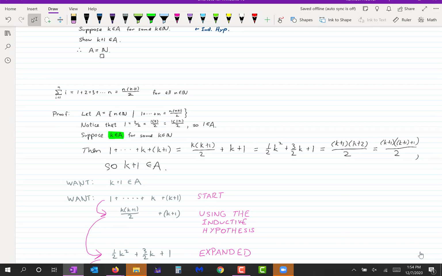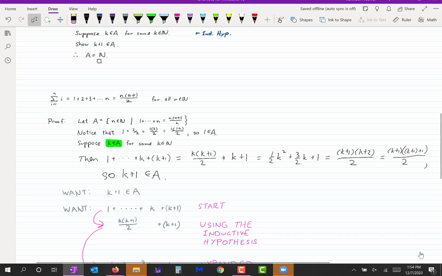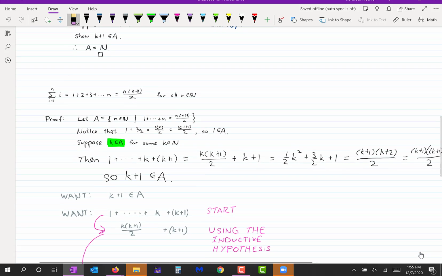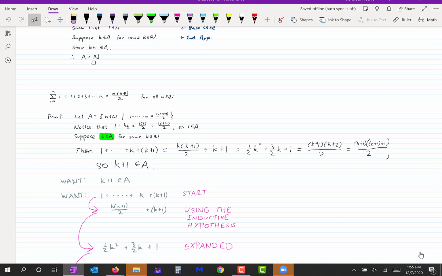Now, if you don't want it to go so long to the right, then feel free at any point to hyphenate it. You know what I mean by that? Let's just say that the edge of your page, or the edge of where you feel comfortable writing is maybe right here.